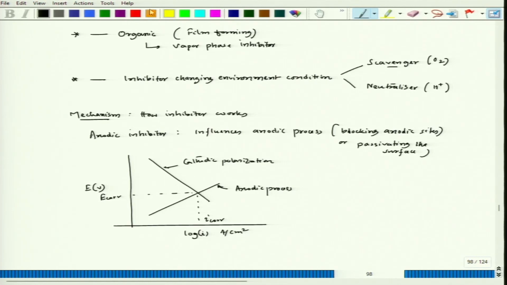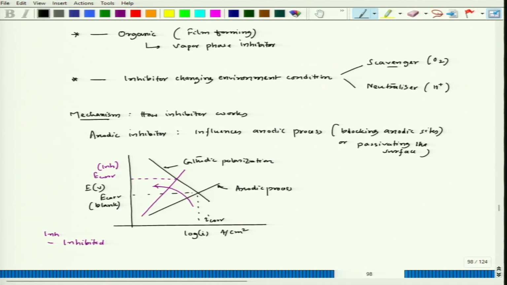So, now what can happen? This anodic part can move like this. So actually the anodic reaction or the anodic polarization is getting influenced. And now you could see clearly the new E corr, let me put it in terms of INH, INH meaning inhibited, and this one we can put as blank.